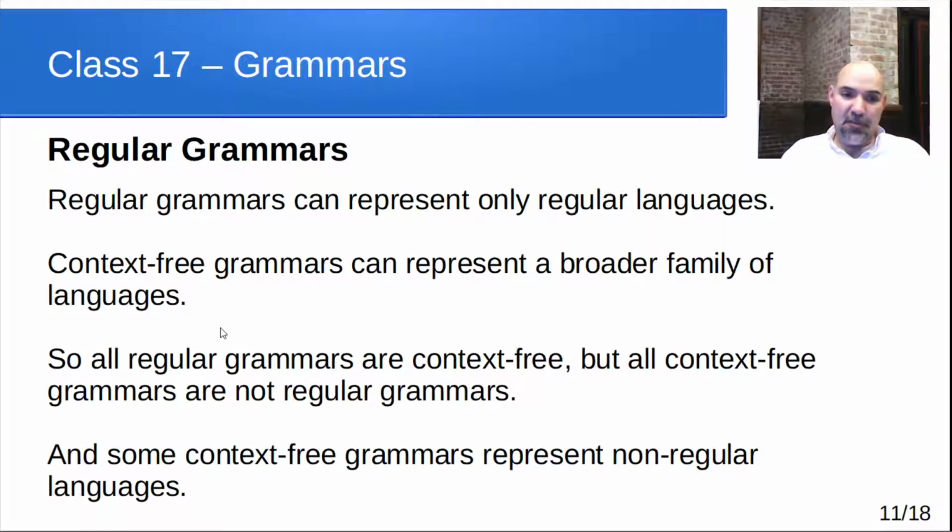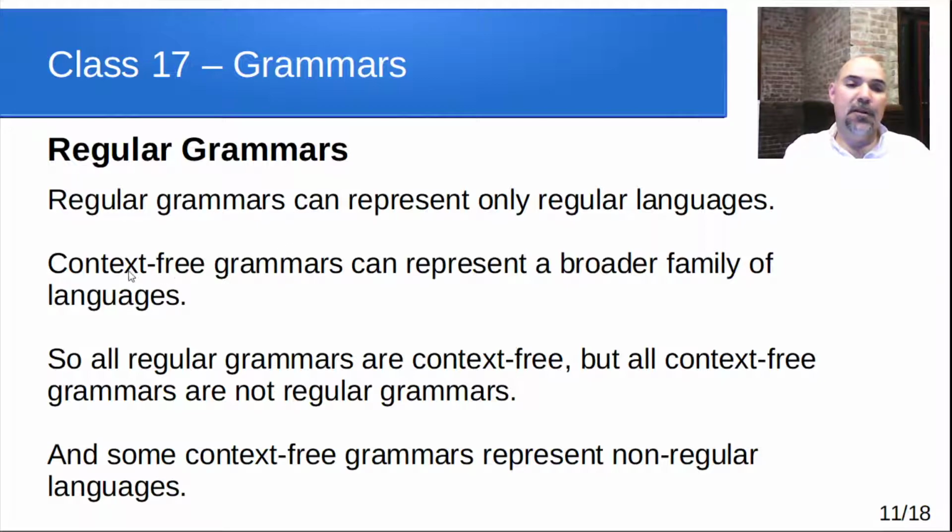All right, so where regular grammars can only represent regular languages, context-free grammars can represent a broader family of languages, meaning there are more languages than just the regular languages. In other words, regular grammars can define the same things that DFAs, NFAs, and regular expressions define, and only those things.